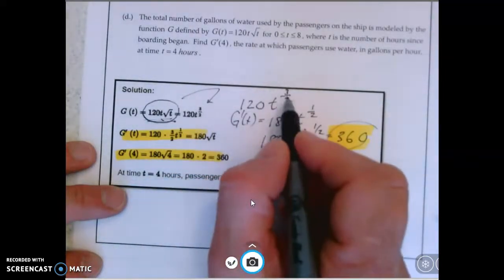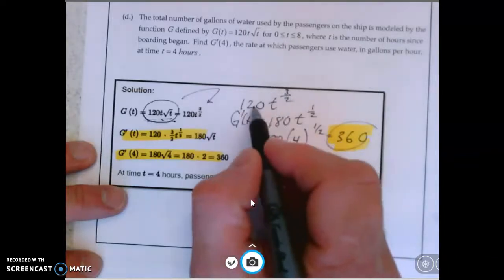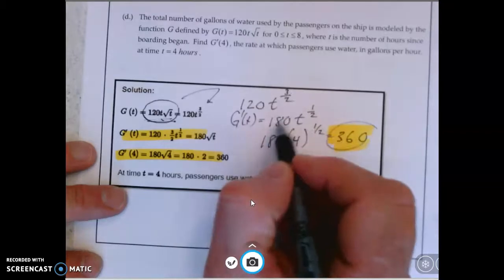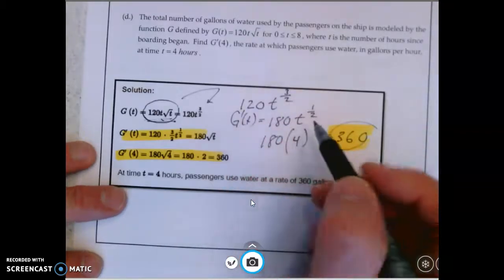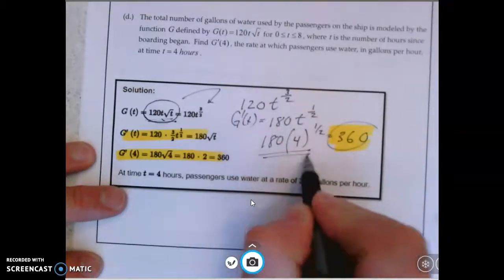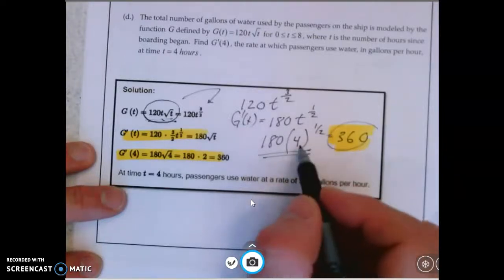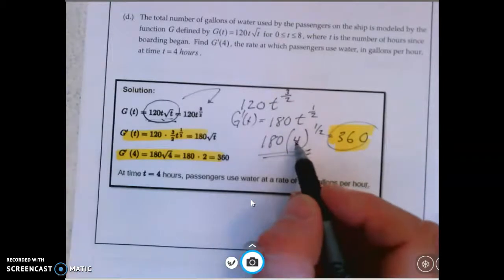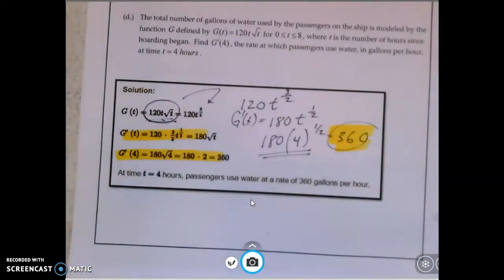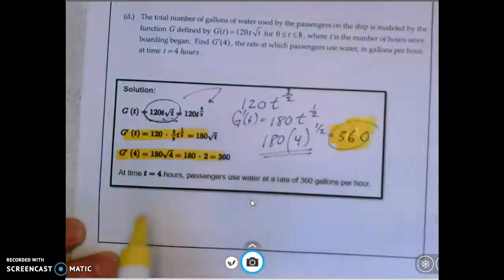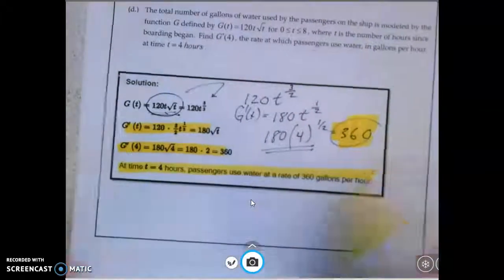Then our derivative simply becomes my exponent, 3 halves times 120. So 120 divided by 2 times 3 is 180, and then subtracting 1 from the exponent. Then we evaluate this at 4. Now 4 to the 1/2 is the same thing as the square root of 4, so 2. So 180 times 2 is 360. The key being we need to write down the words.